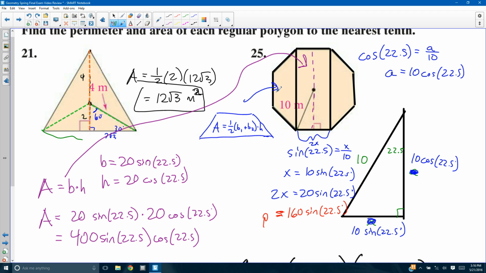Now we know that if this is B1 and B2, B2 right here is the same as the height of that rectangle. So it's 20 times cosine of 22.5. So B2 is 20 cosine 22.5.